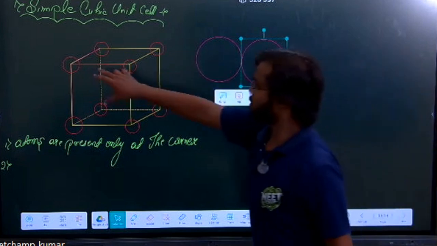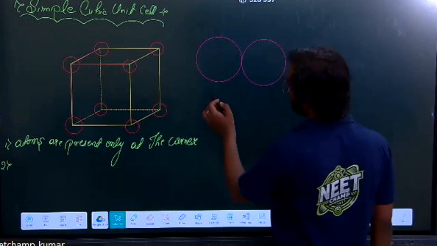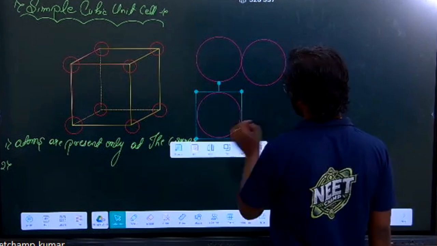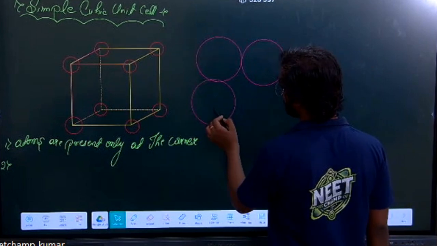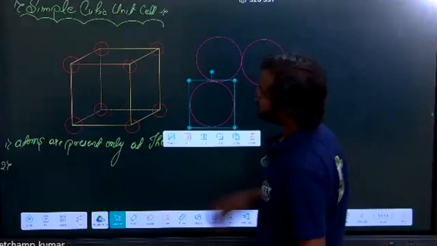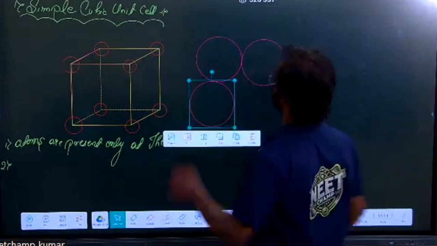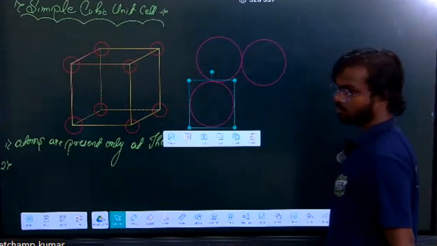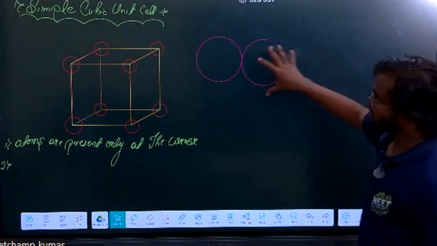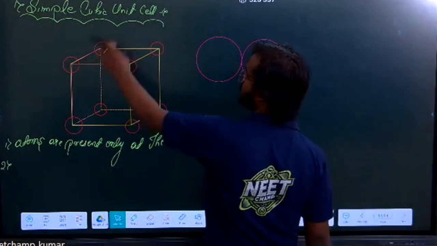One atom is touching this atom also. This atom is touching this below atom also. And this is also touching this atom, like behind the screen. So like this one atom is touching these three atoms.